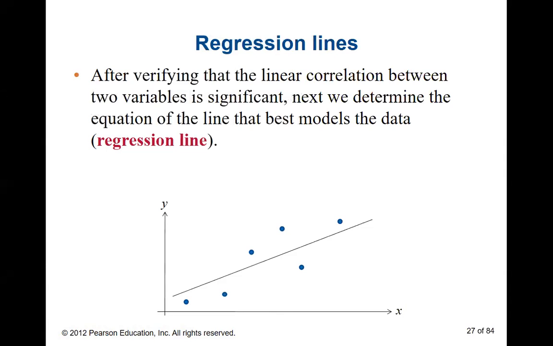So we want to come up with the line that will best model this data because it's a wonderful prediction instrument. I mean, think about it for a minute. With businesses, maybe they have tracked sales and they're comparing maybe sales to the number of employees that they need to hire. Or maybe they're comparing their sales to what the economy is doing.